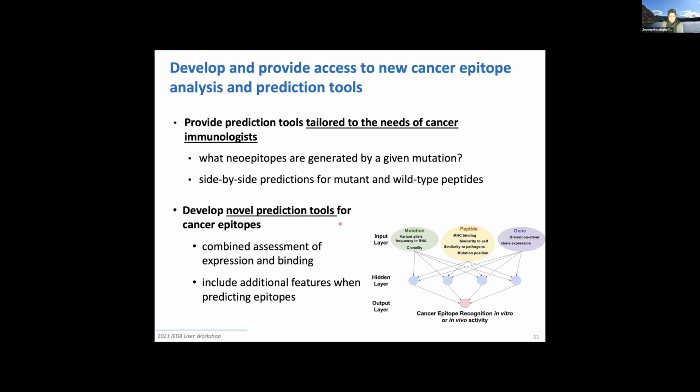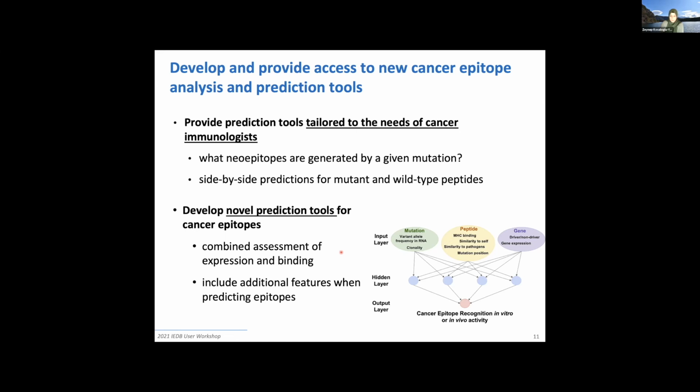And we also want to use the cancer-epitope data that we are curating in CEDAR to develop novel tools. So currently, epitope predictions are mainly based on HLA binding predictions. But recent studies by us, for example, and also other groups have shown that epitope predictions can be improved by combining binding predictions and the RNA expression levels of the associated antigens.